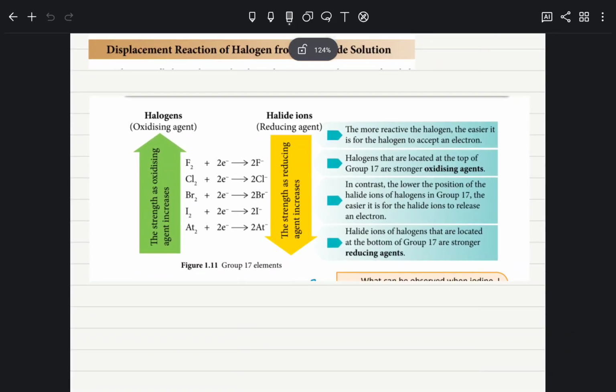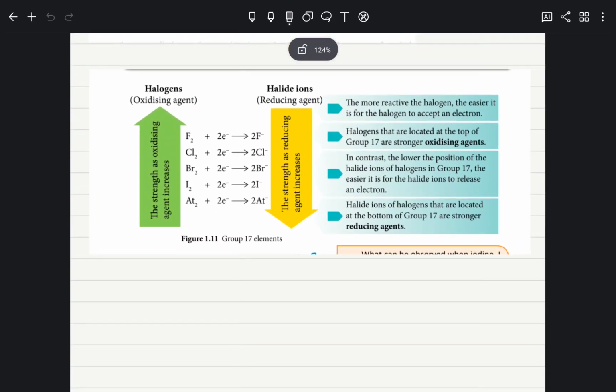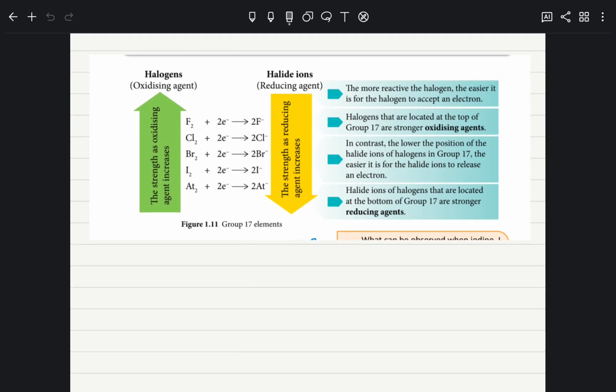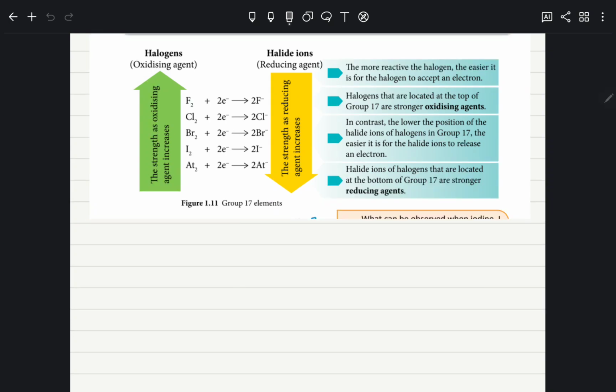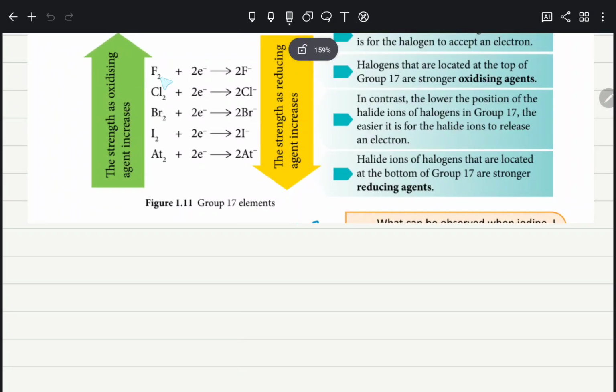Okay, this one. For your understanding level only, just now I talked about the oxidizing agent, reducing agent and everything, right? Now you must understand one thing, your concept on this subtopic that you will learn. Just now I talked about fluorine, chlorine, bromine, iodine and astatine. The bottom one is nothing.